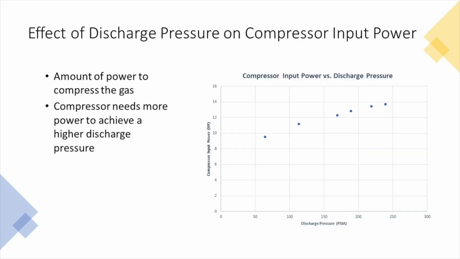Compressor input power is an indication of how much total power is spent by the compressor to compress the gas. As shown in the plot, the compressor input power increases linearly with the discharge pressure because the compressor needs to do more work to compress the air and achieve the higher pressure.